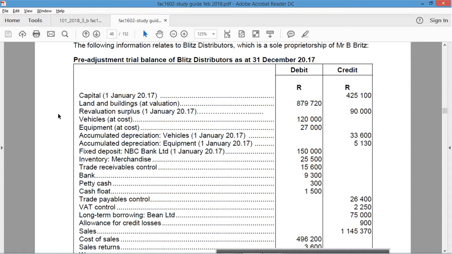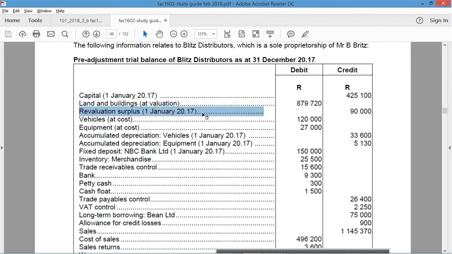Assets generally get revalued depending on how long they've been used for, their age. It's like property right now. What's being talked about in the news is property prices getting revalued by the municipality, because the municipality wants to charge rates and taxes going forward. So they want to review the rates. That would be a process of revaluation.